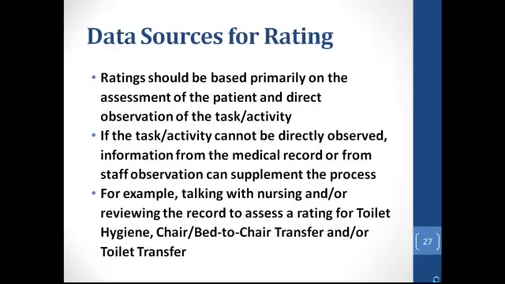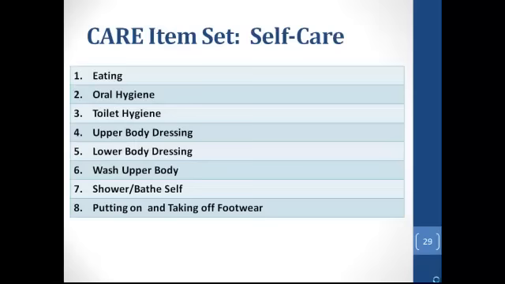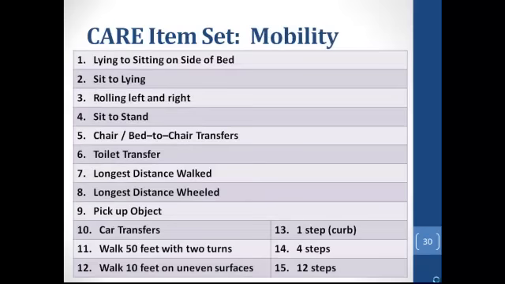Finally, before we end this training module, we want to review what the actual items are in the care self-care item set and the care mobility item set. In the self-care set, there are items for eating, oral hygiene, toilet hygiene, upper body dressing, lower body dressing, washing upper body, shower or bathing self, and putting on and taking off footwear.